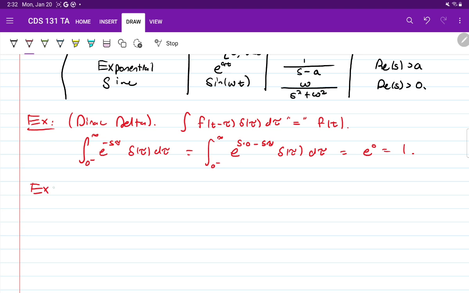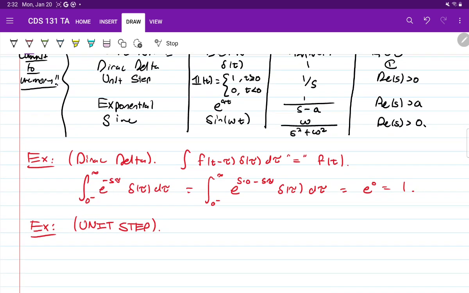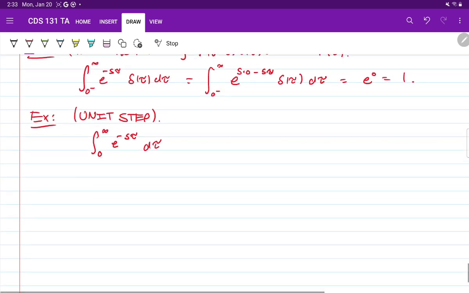Now, to sketch out a more conventional one, take the unit step, the function that's equal to 1 for all t greater than or equal to 0. Its transform will equal the integral from 0 to infinity of e to the minus s tau d tau, because the function is just 1.